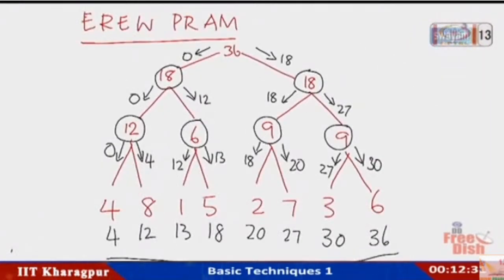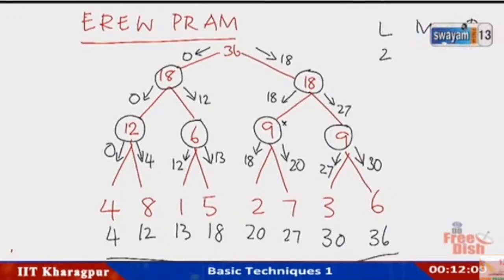So here you can see that at every node there are 3 values. For example, at this node there are 3 values: the left value, the middle value, and the right value. The left value is what it receives from the left side. So what it receives from the left side is the sum on the left side, which is 2.